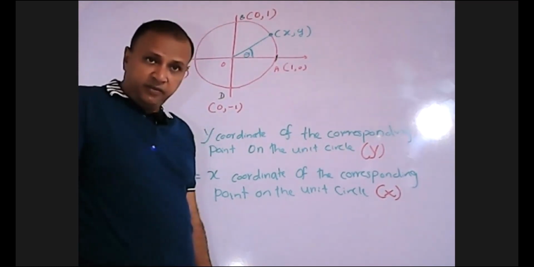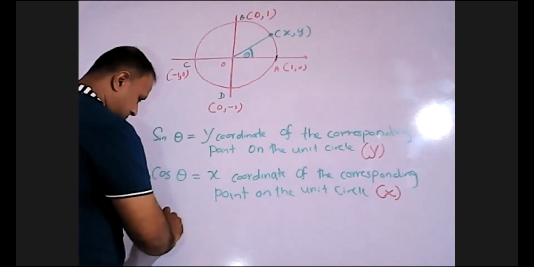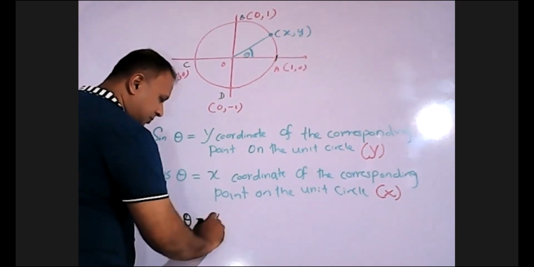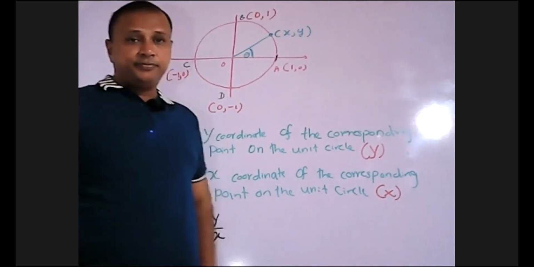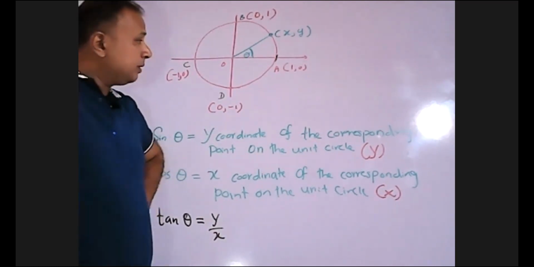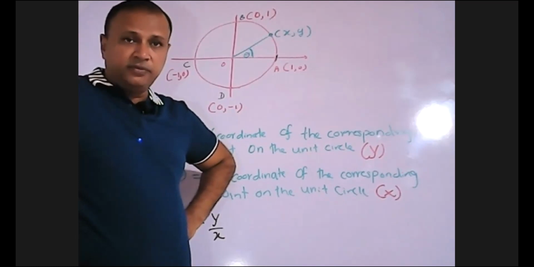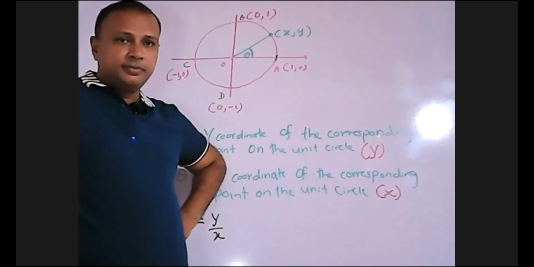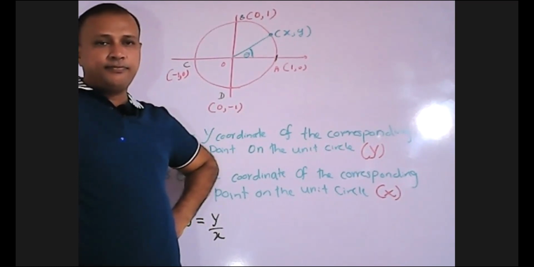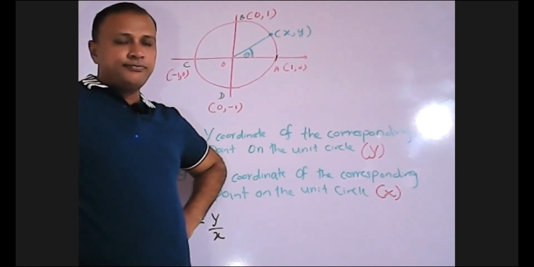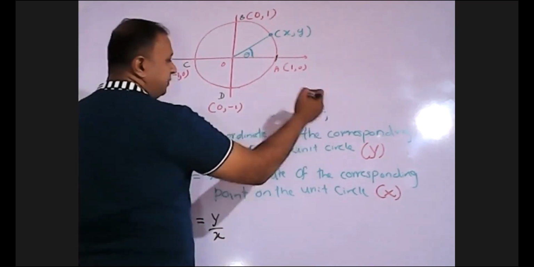According to the definition of trigonometric ratios, you can write a semicolon, then write this.